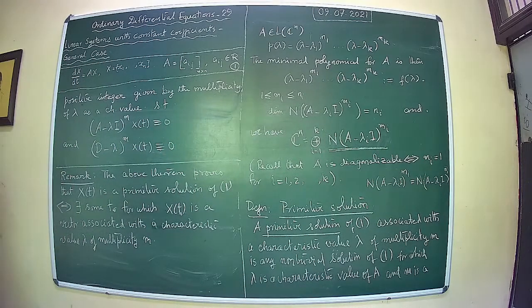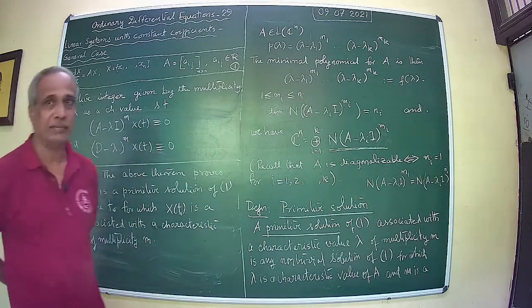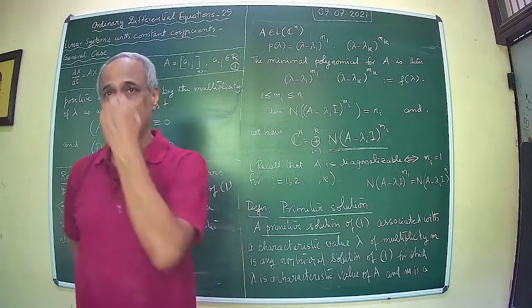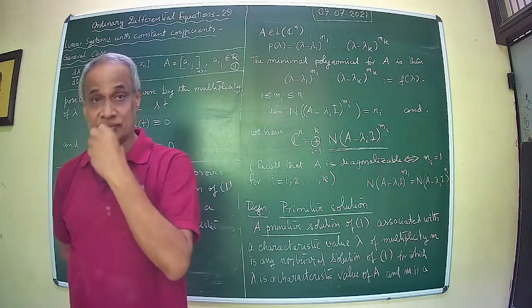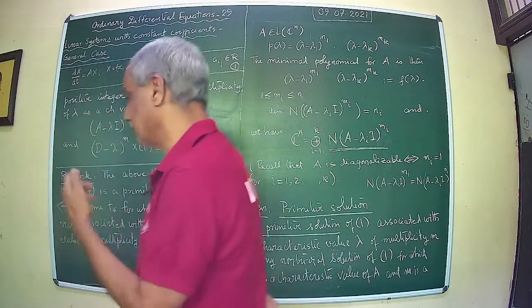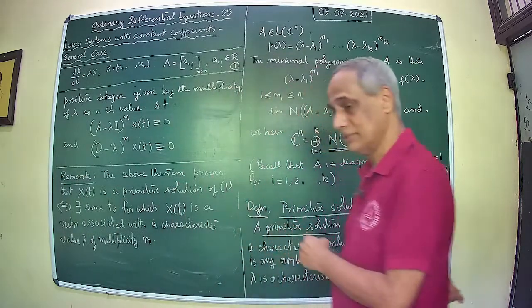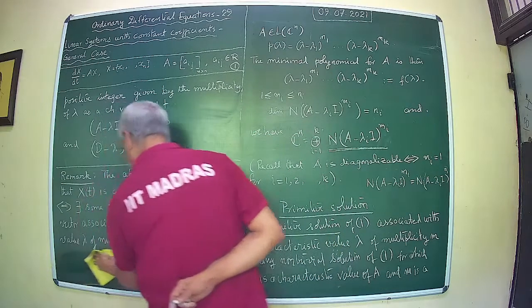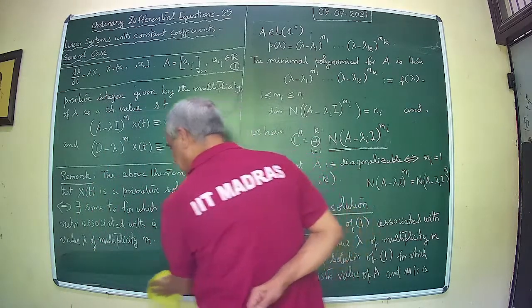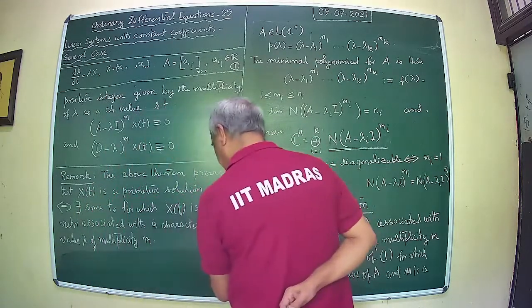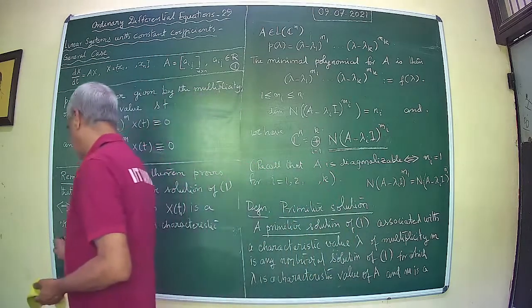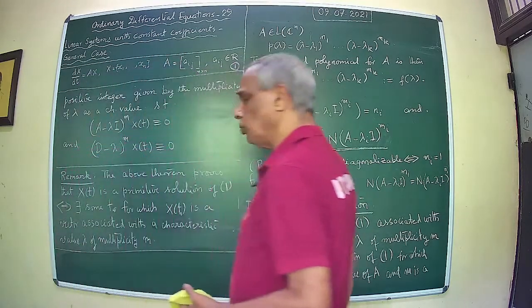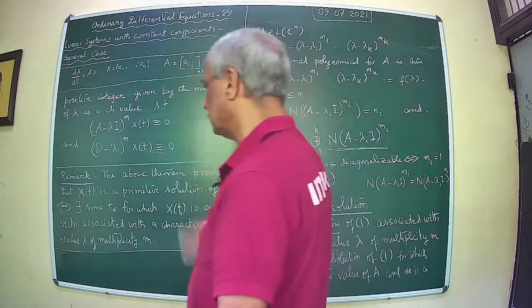Then all that you need is to set up sufficiently many vectors which form a basis for Cn or Rn, depending on the nature of this. Okay. So what do we do? Okay. So how to get hold of these solutions?